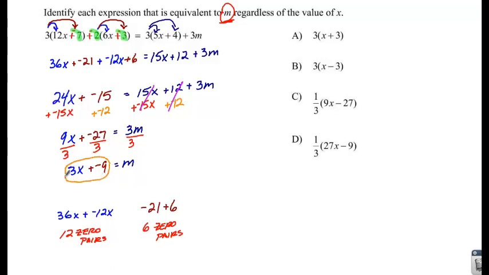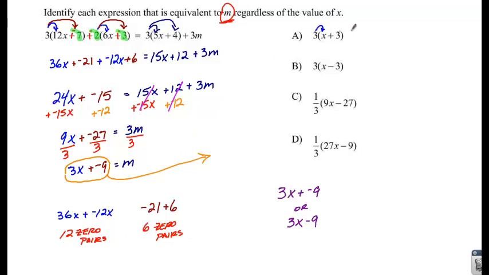This is what we're looking for now over there. So let's write that down. We're looking for things that are equivalent to 3x plus negative 9, or 3x minus 9. So now we go through A, B, C, and D, and we simplify them.